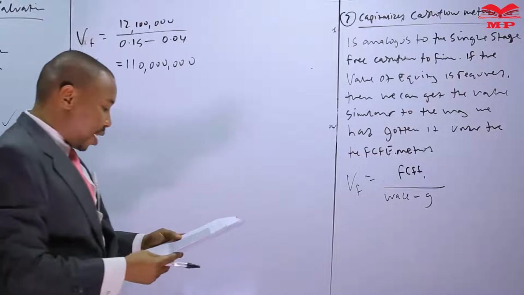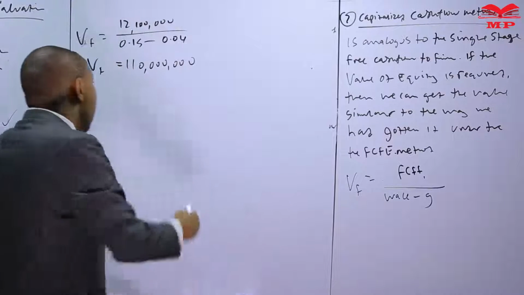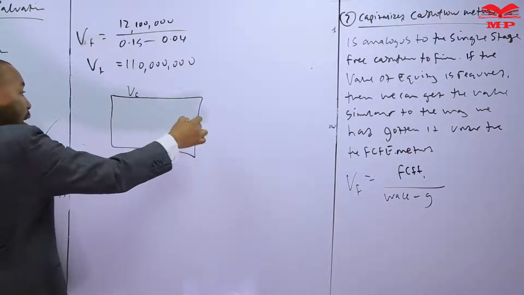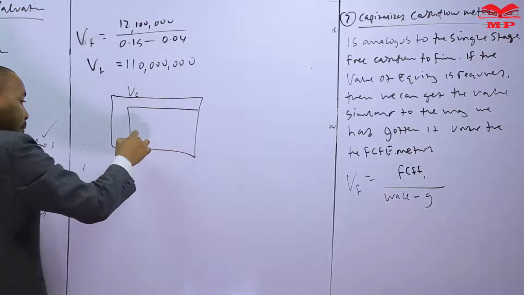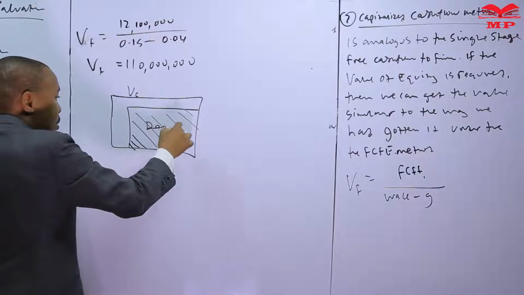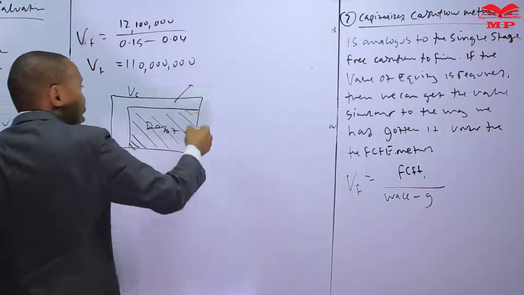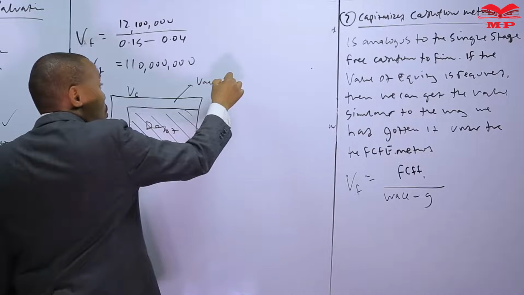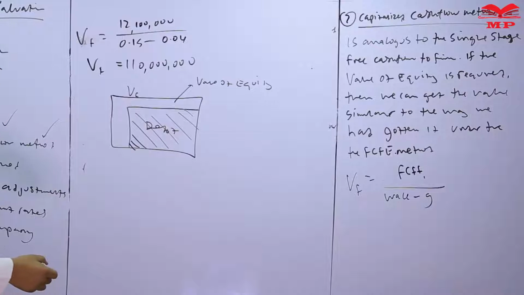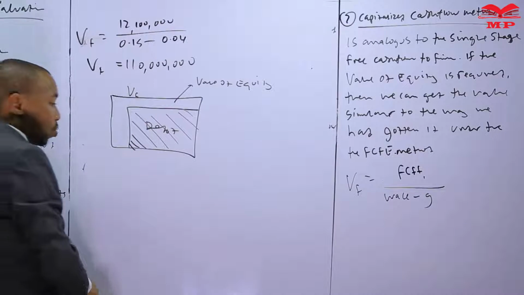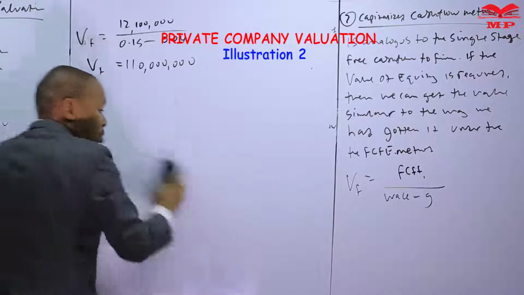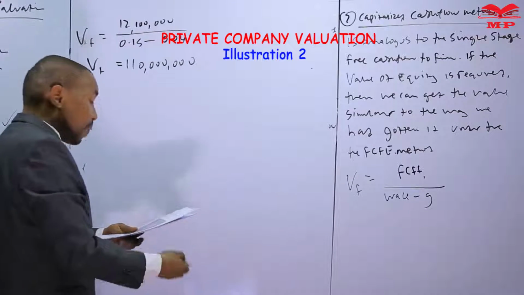because we've been requested to get the value of equity, if we have the value of the firm, VF, and we exclude the component of debt, what we remain with is the value of equity. So we can apply this concept because we've already been given the market value of debt.